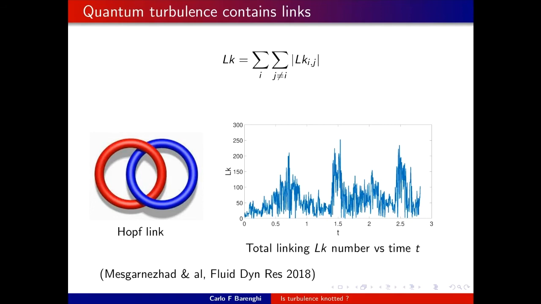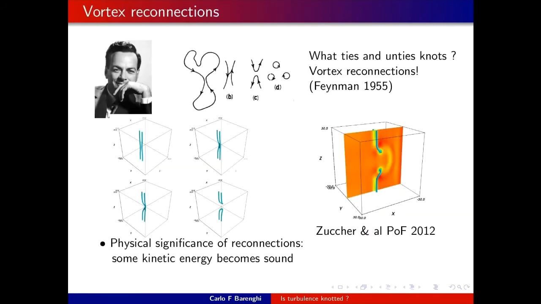Of course, the linkage of the system fluctuates strongly like everything else, but there is a very high linkage, produced once you reach a statistical steady state, much higher than the initial random linkage put in by the initial condition. By the way, the results do not depend on the initial condition. That has been tested, and it's well known also. So we have knots and links.